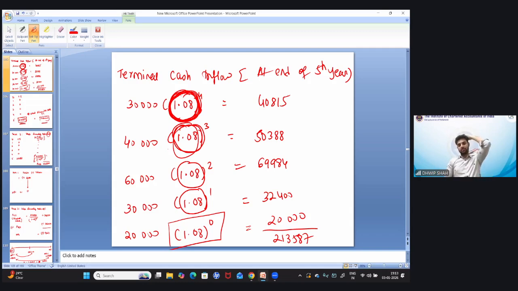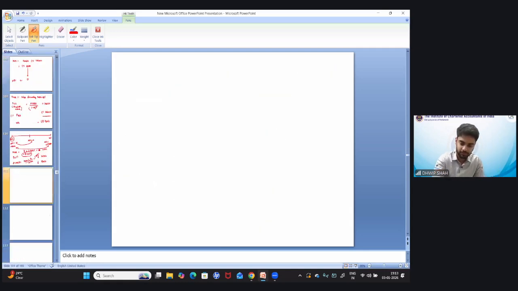Clear? Modified IRR? Any concerns, any doubts? With this, we complete all the 7 techniques. And I hope all the 7 capital budgeting techniques are crystal clear to you all. Understood? So, as far as conceptual understanding of this chapter is concerned, we have completed everything except for small part, that is capital rationing concept. इसके अलावा इस चैप्टर में जितने भी conceptual parts थे ना वो सारे कवर कर लिए हमने.